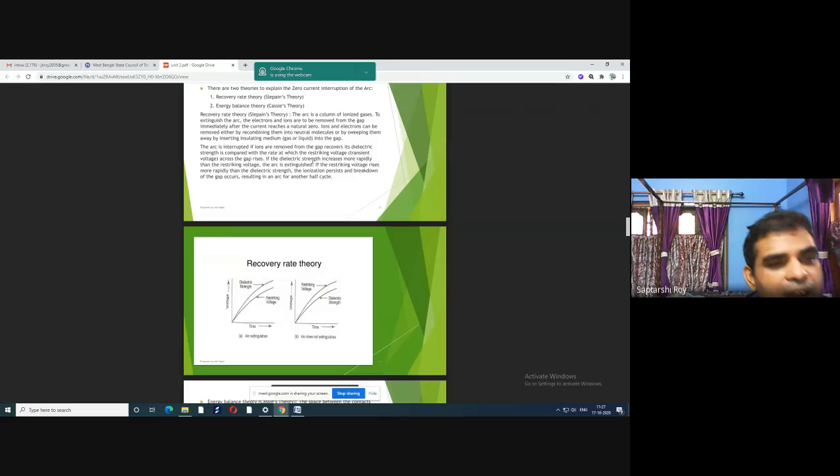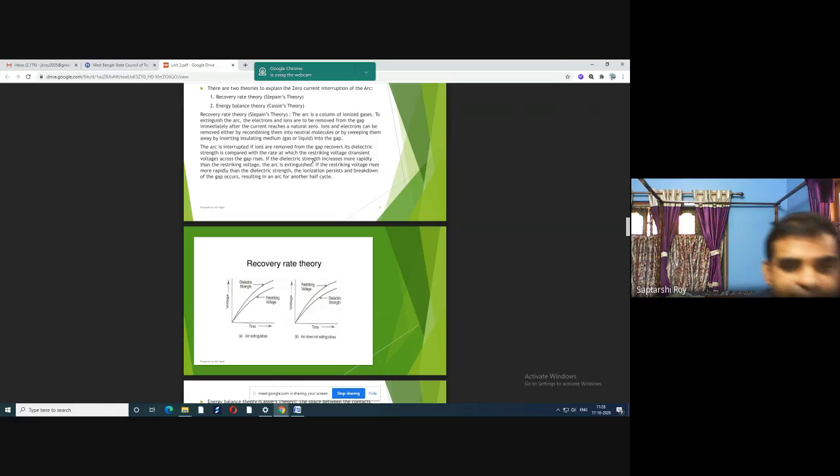The arc is interrupted if the rate at which the ions are removed from the gap and the dielectric strength recovers is compared with the rate at which the restriking voltage or transient voltage across the gap rises. If the dielectric strength increases more rapidly than the restriking voltage, the arc is extinguished.